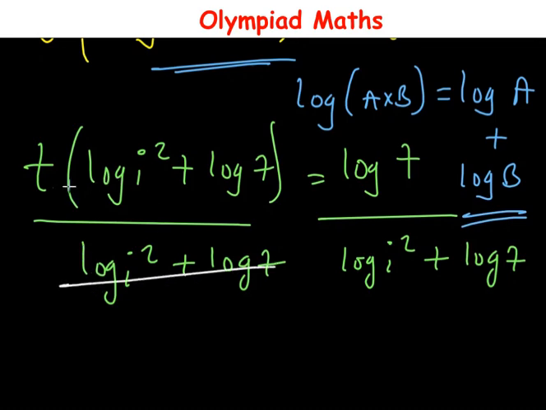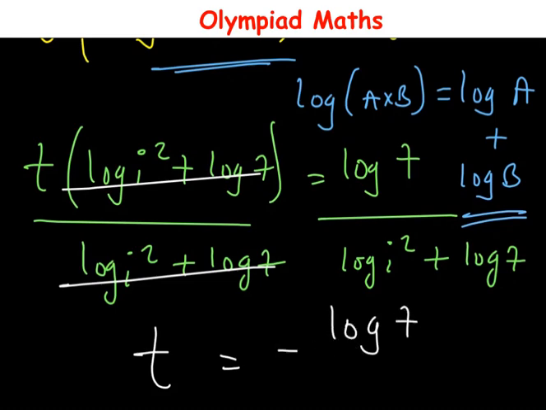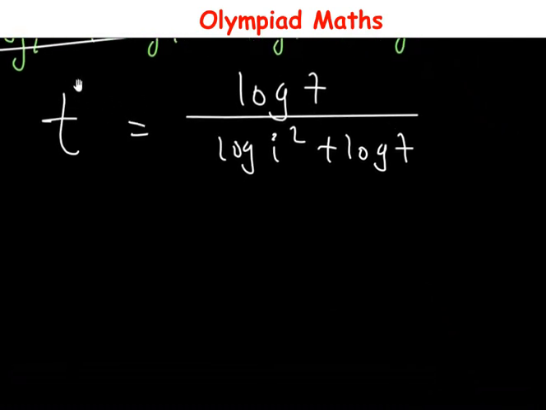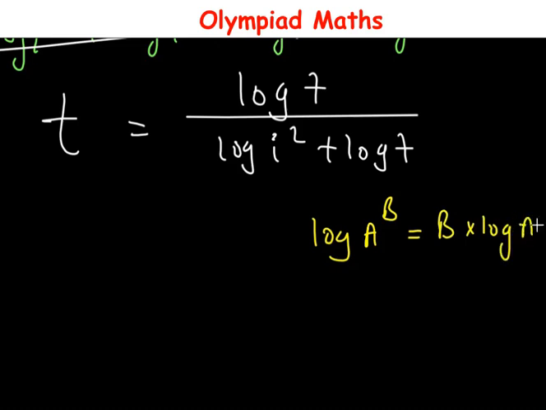So t stands alone, which equals log 7 over (log of i squared plus log 7). Now, this can still be simplified further by applying the rule that log of a raised to power b equals b times log of a.